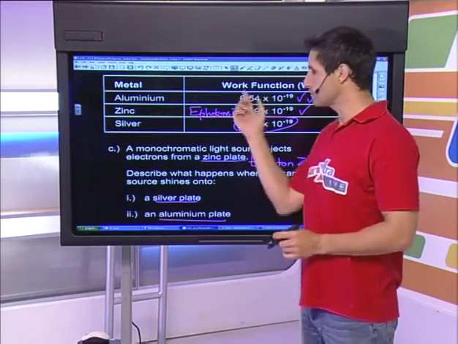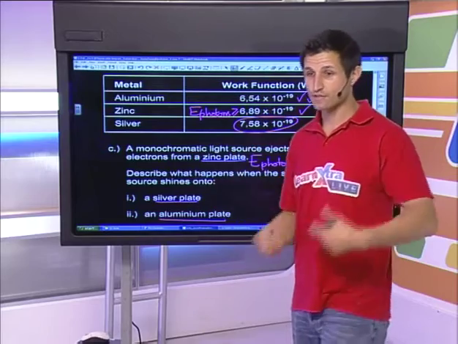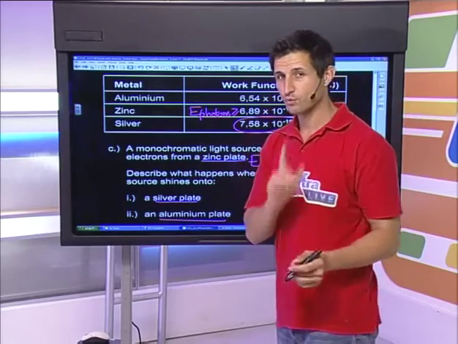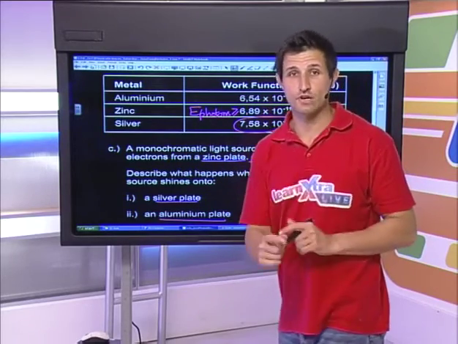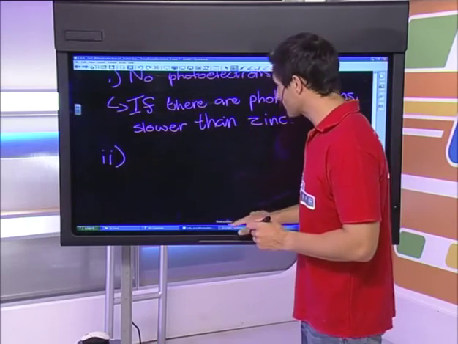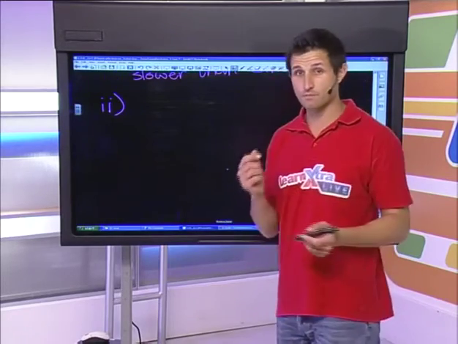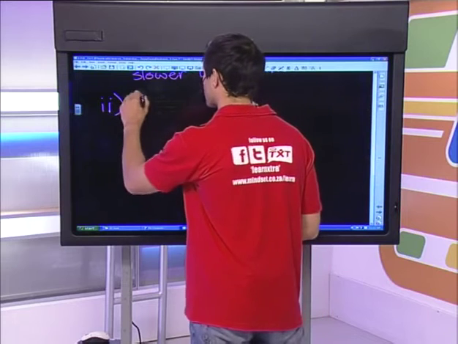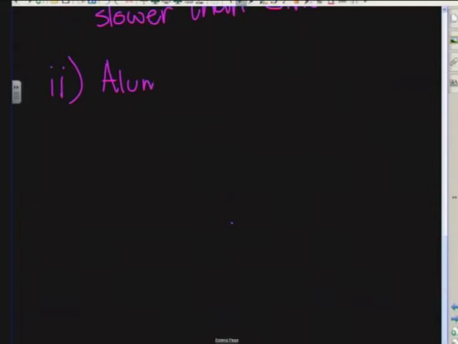But since you need to use up less of your energy to get those electrons off, those electrons will be faster than zinc's. So aluminium's photoelectrons will be faster than zinc's because less energy is needed to free them. The electrons which come off the surface of aluminium will be faster than zinc.